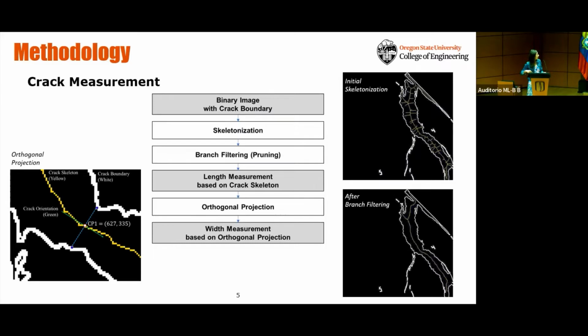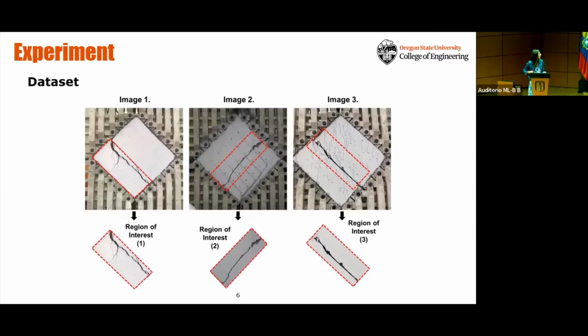And then in the next step, we measure the length of the skeleton to get the crack length, and to measure the width of the crack, we apply the orthogonal projection, and then measure the width of the crack in several locations, and then compare that to the actual crack width.